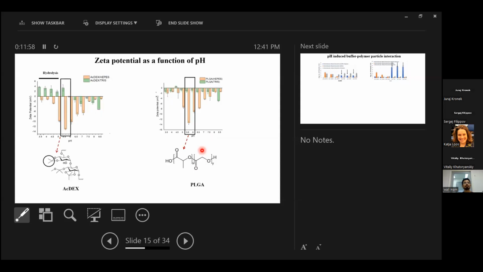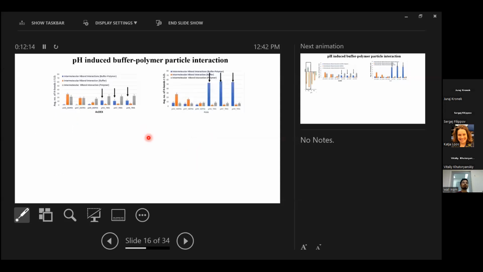What we thought is that the Tris is probably interacting with the nanoparticles, and that's causing this suppression or inversion of zeta potential. So when we did the MD simulation studies to figure it out, we were particularly looking for hydrogen bonding interactions between these buffers and the polymers.